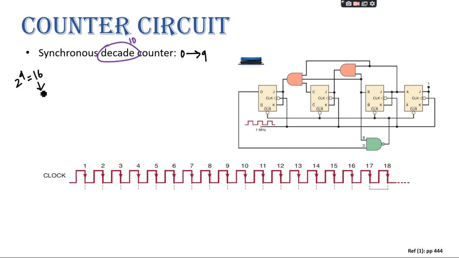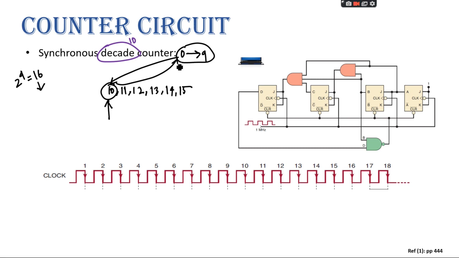So there will be 16 states, out of which you need 0 to 9. What are the states missing? 10, 11, 12, 13, 14, 15. So now you have to make an arrangement such that whenever 10 appears, you can reset the whole system and it should go back to 0. So how can we do that?